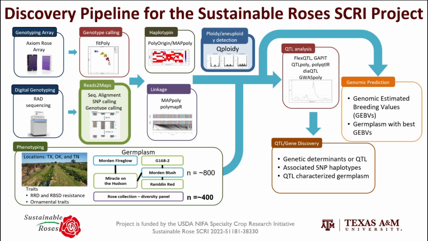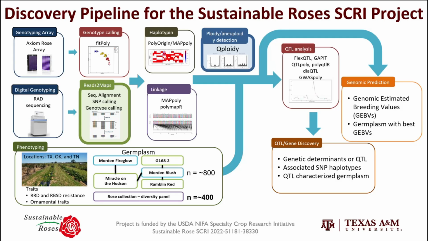And again, you've seen that a lot of our focus has been describing some of the QTL mapping that we've been doing. We've started with mapping populations, and little by little we are moving towards germplasm collections of varieties, breeding lines, species, and what have you.